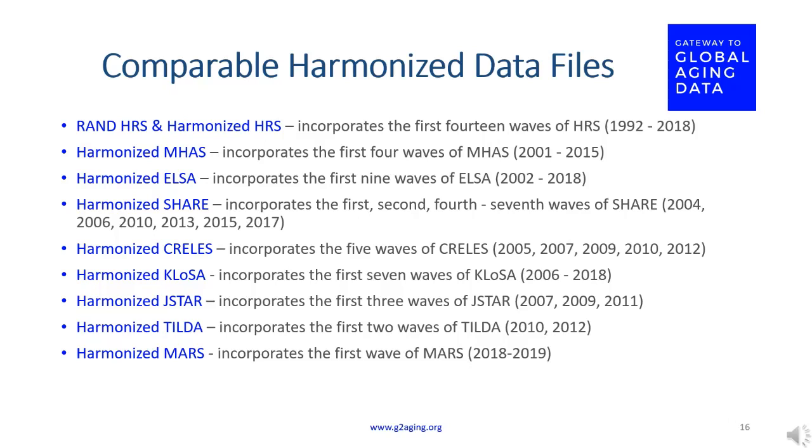The MHAS covers Mexico, ELSA covers England, SHARE covers most of Europe and Israel, and CHARLS covers China. In addition, KLOSA covers South Korea, JSTAR covers Japan, TILDA covers Ireland, and MARS covers Malaysia, which happens to also be our newest harmonized dataset.